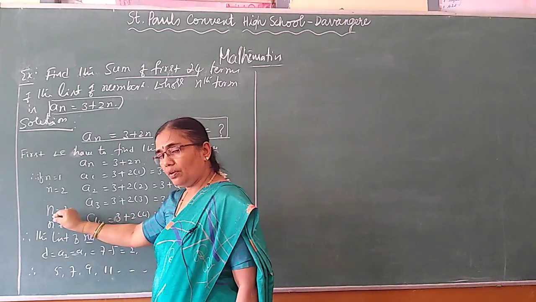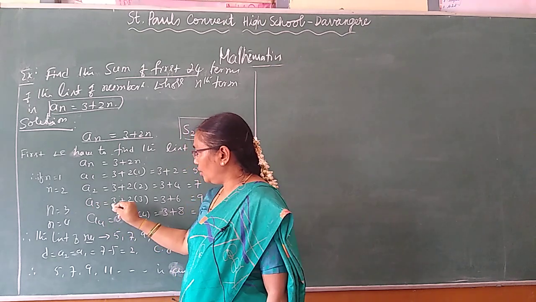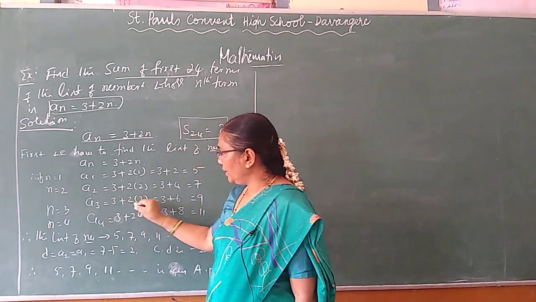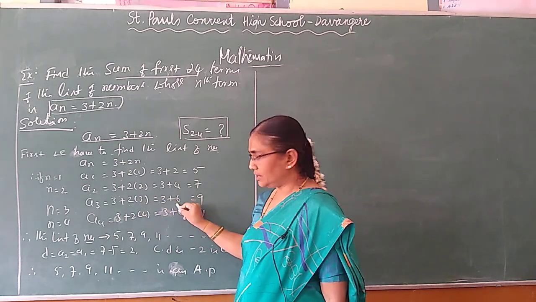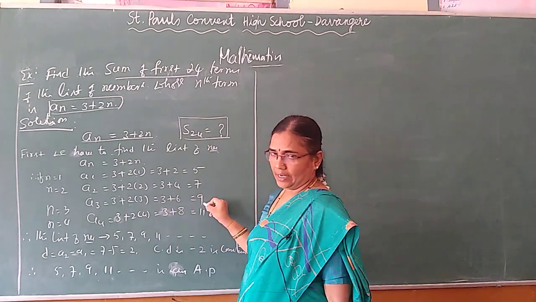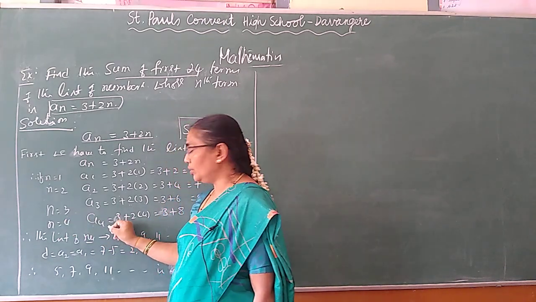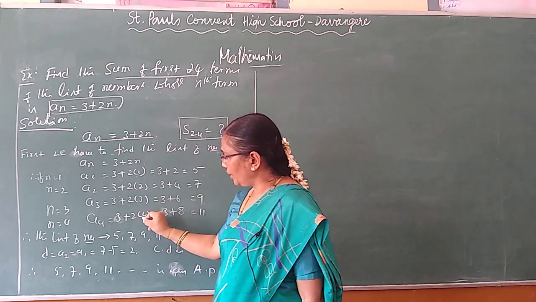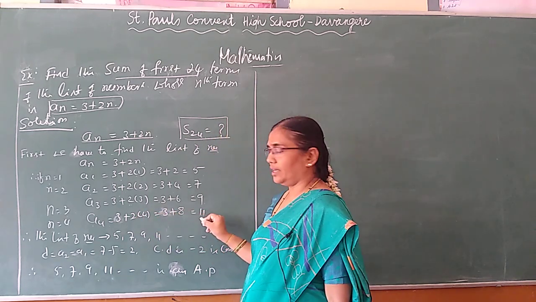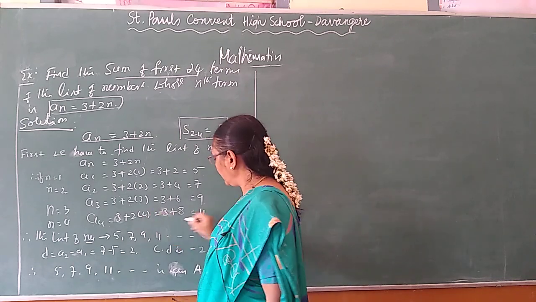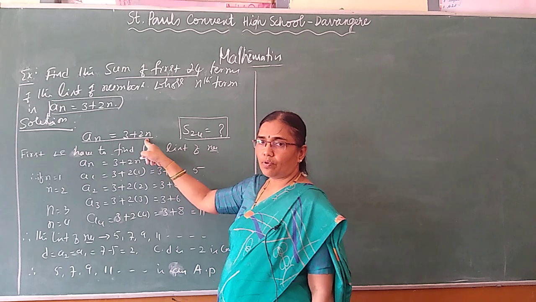The same way, if n is equal to 3, then we have a3 is equal to 3 plus 2 into 3, 3 twos are 6, that is equal to 9. If n is equal to 4, a4 is equal to 3 plus 2 into 4, 3 plus 4 twos are 8, that is equal to 11.